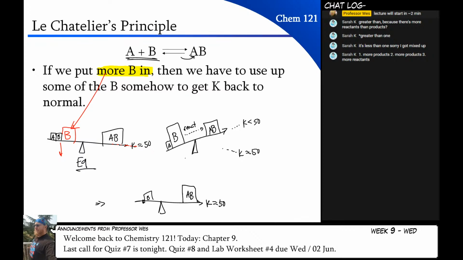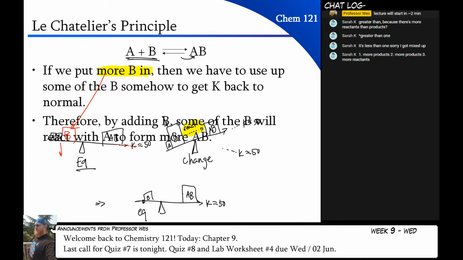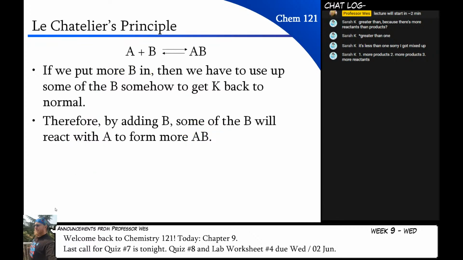So we started at equilibrium, we induce a change, and the change was that we added more B. And then over time, the system will go back to equilibrium by attempting to undo that change, which is what's happening here. Okay, so by adding B, some of the B reacts with the remaining A that's in there to form more AB until the ratio of products to reactants is once again 50.